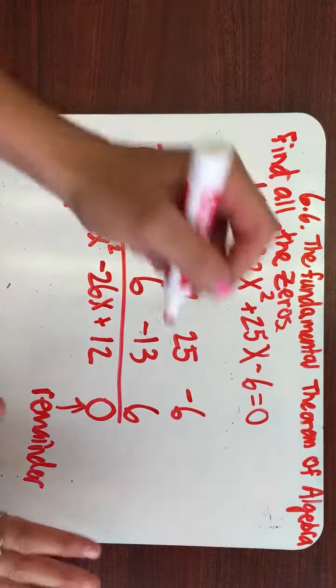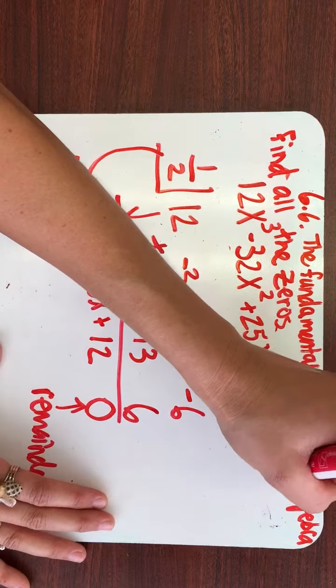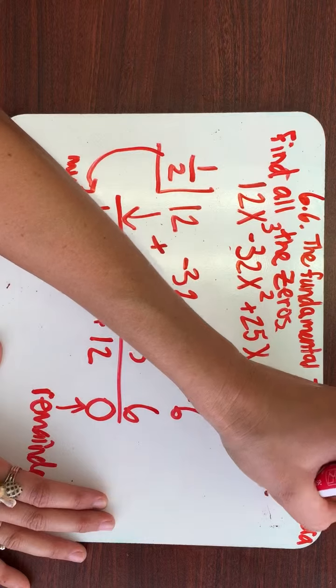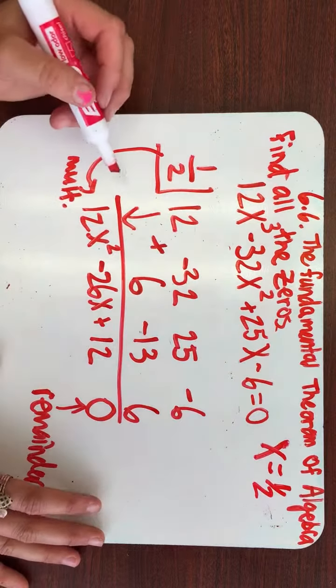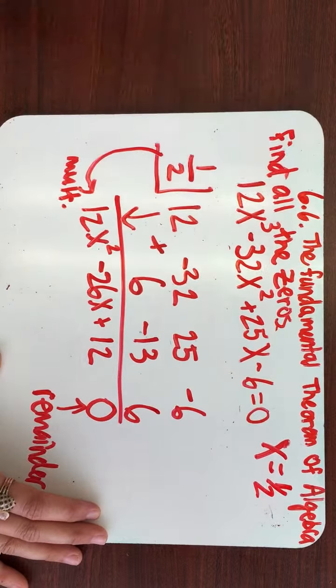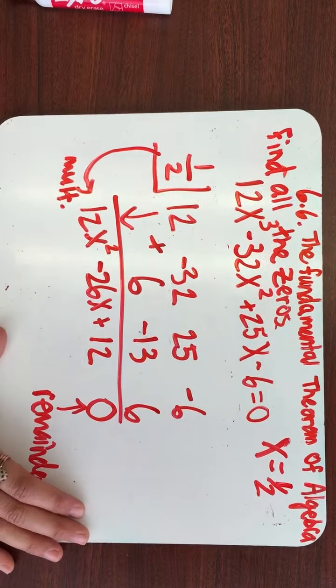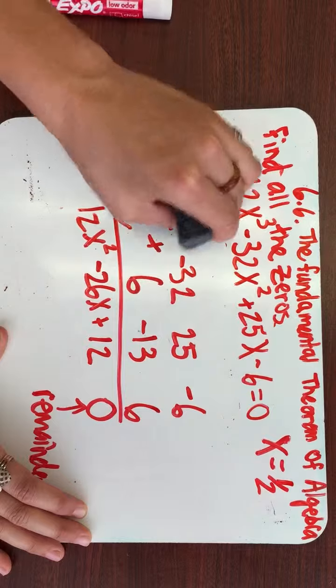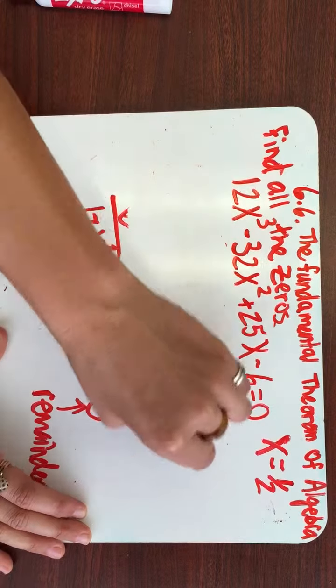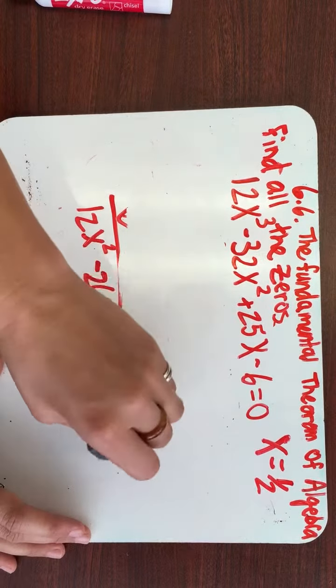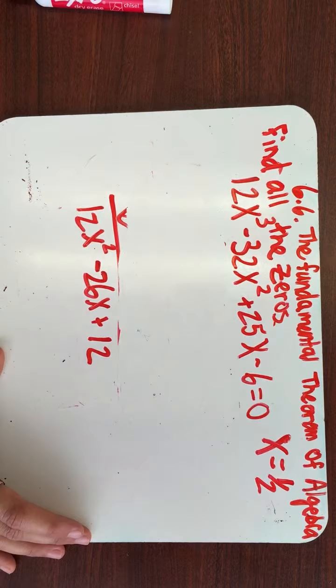So now I already know that x equals 1/2 is one of the solutions, and I'll find the other 2 because I know there's 3 altogether. So I'm going to now use this to find my other zeros.